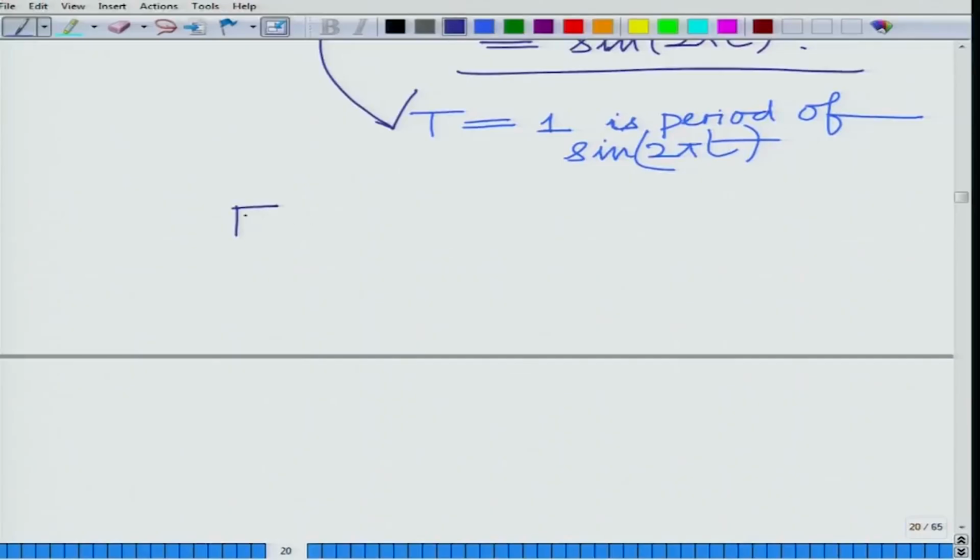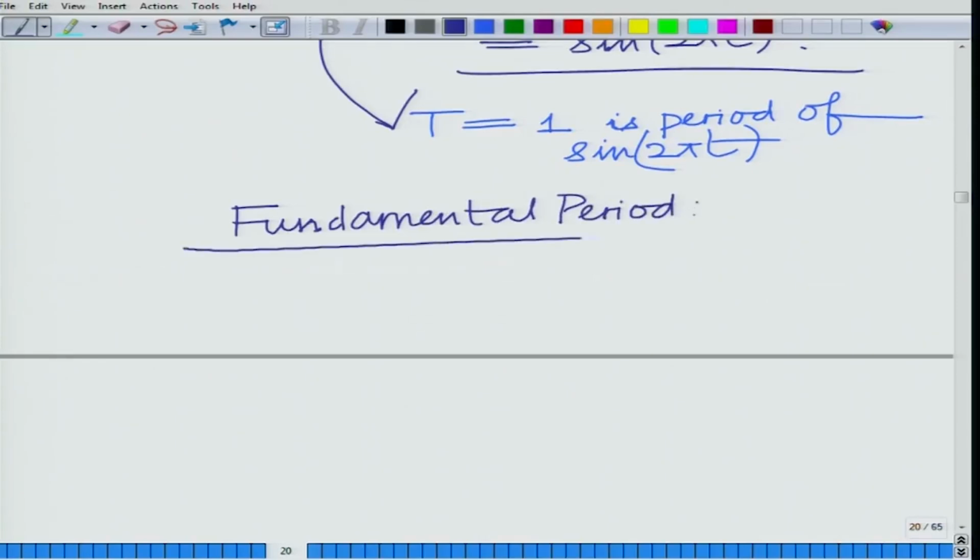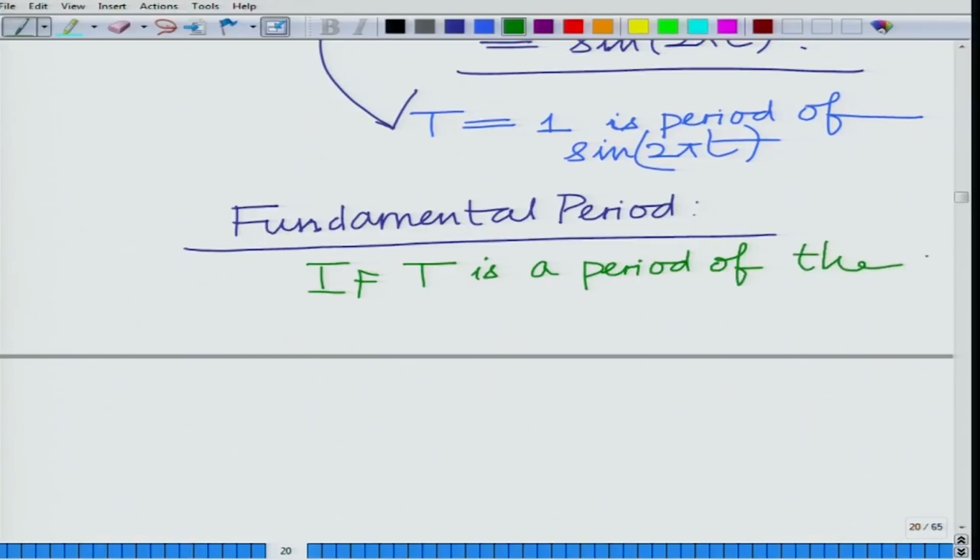First realize that if T is a period of the periodic signal, then mT is also a period, where m is any integer.